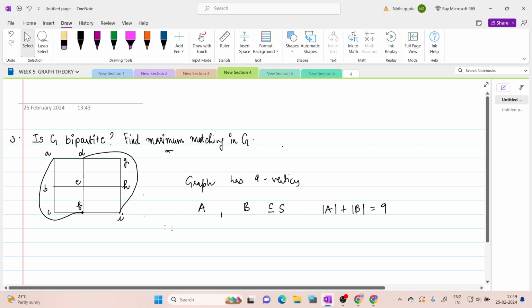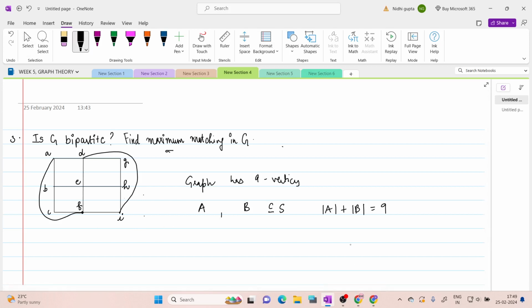So see, G is bipartite. Ma'am, can I give you the two sets? G is bipartite if and only if it has no odd cycles.